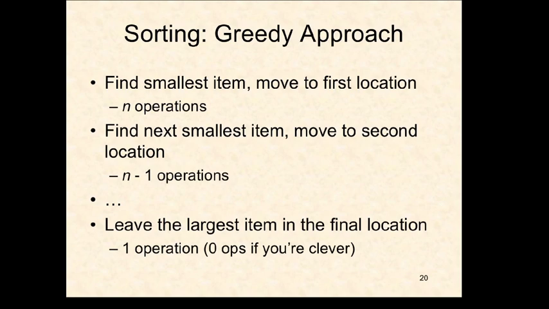There's no idea of optimal here. It's either sorted or it's not sorted. But we've done it in less time than brute force. We've done it in n squared time at worst. So we could think of selection sort as being a greedy approach to sorting. We could think of bubble sort as being a greedy solution to sorting.